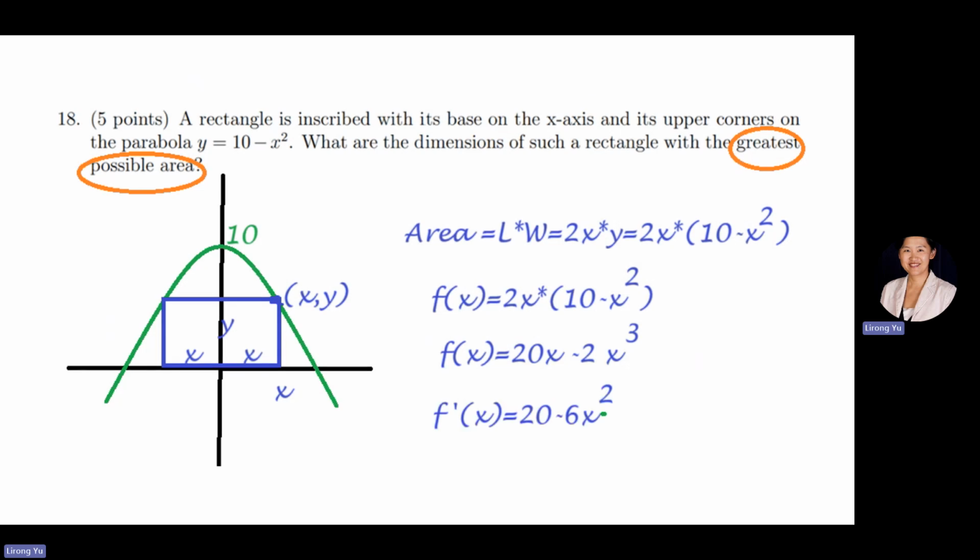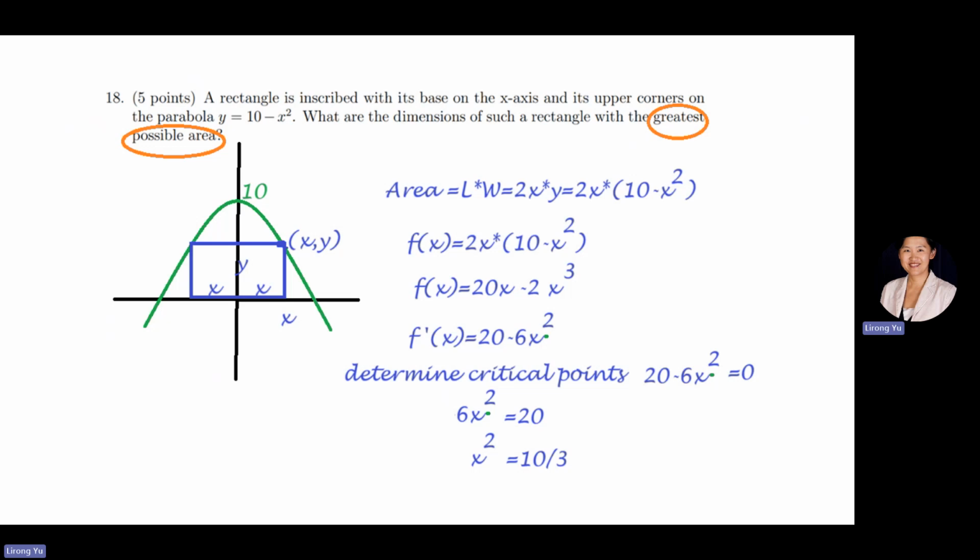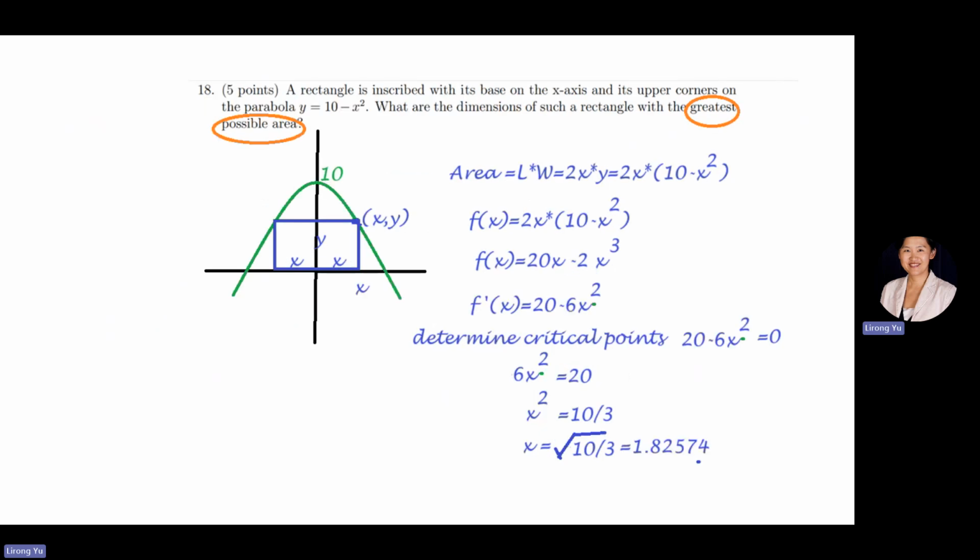After finding the derivative, we want to find the critical point, because the critical point allows us to study increasing and decreasing, and from that we can find the max and min. So we set the derivative equal to 0: 20 minus 6x squared equal to 0, which means 6x squared equals 20, x squared equals 10 over 3. So x equals the square root of 10 over 3, which is roughly 1.82574. That's the critical point.